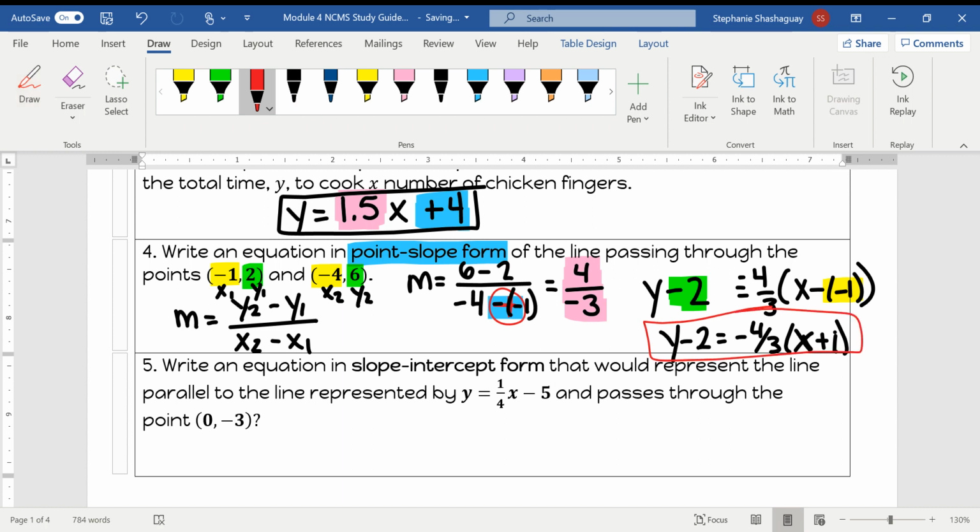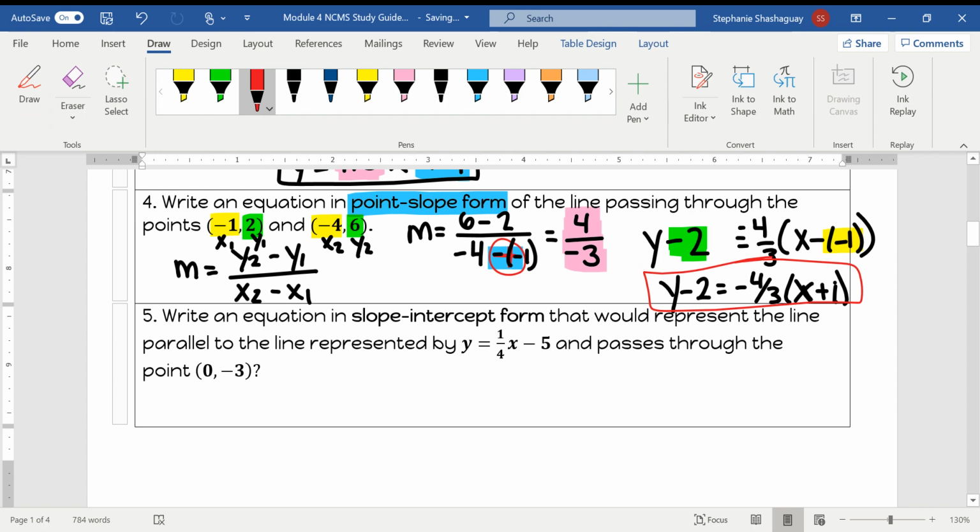All right, in question number 5, we are still writing an equation, but now we're going to write this in slope-intercept form. Remember, slope-intercept form is y equals mx plus b. So to write an equation in this form that would represent the line parallel to the line represented by y is equal to 1/4 x minus 5 and passes through the point 0, -3.